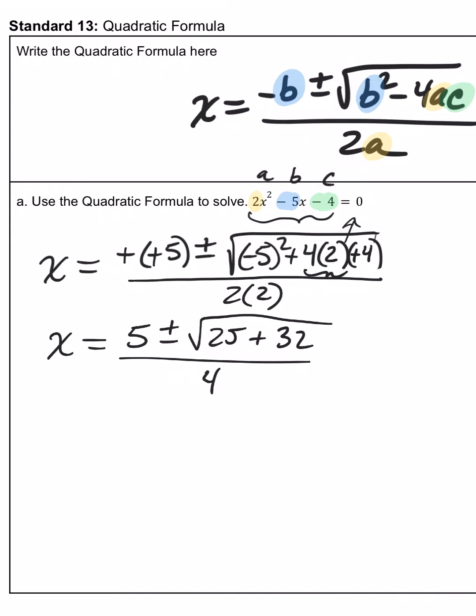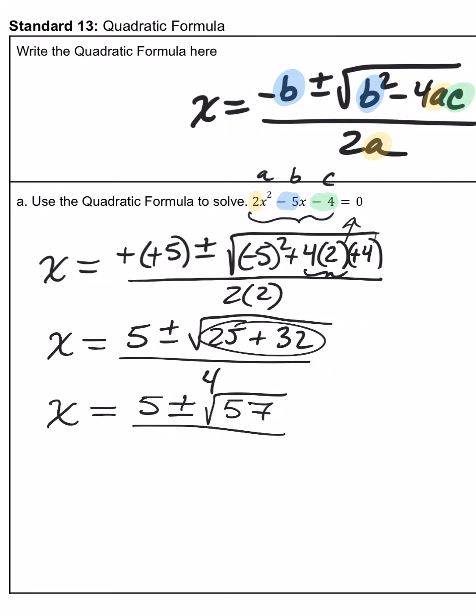We want to simplify this and see what we get. x equals -b, which is just 5, plus or minus the square root of b squared minus 4ac. Simplify this, that's 57, all over 2a, which is just 4.